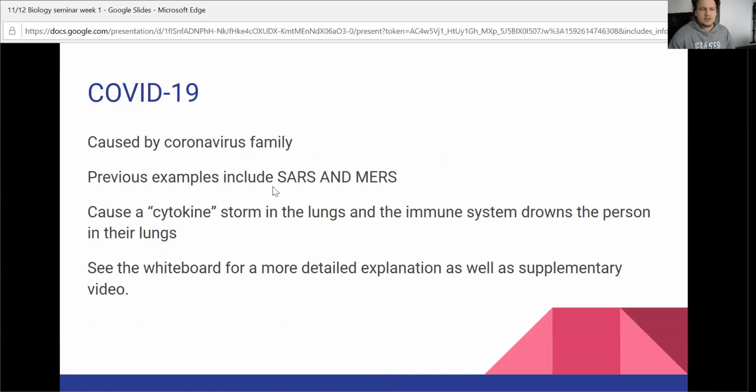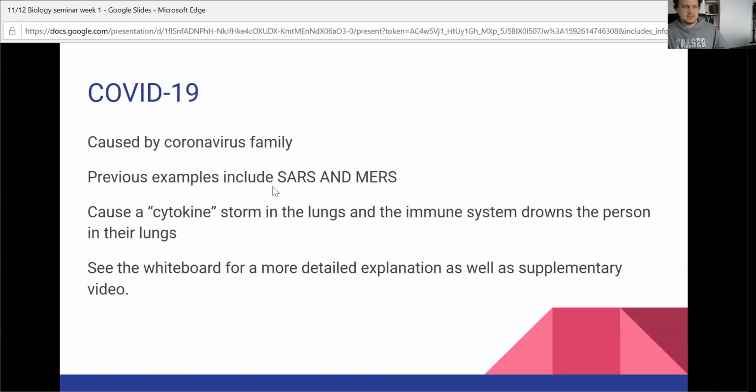So COVID-19 is caused by coronaviruses. About 30% of the seasonal cold infections come from coronaviruses. We've got SARS and MERS, which both coronavirus, and both were supposed to be pandemics, but thankfully both SARS and MERS just fell off the face of the planet.